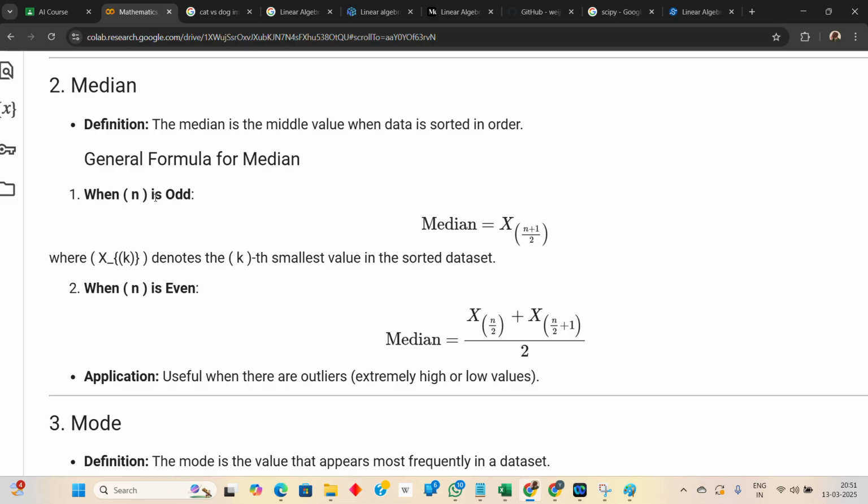When n is odd, first of all we need to arrange the data in sorted order, so the median is the middle value when the data is sorted. First of all, we need to sort the data. After sorting, we need to find the number of elements in the data collection. If the number of elements is odd, then straight away the middle value will be the median. If it is even, then it is the average of the middle two. Okay, so this is the formula.